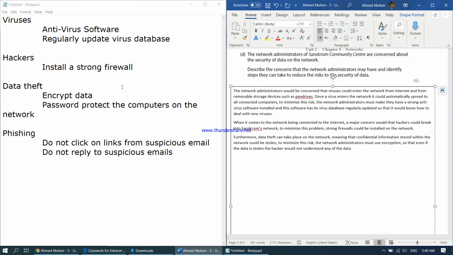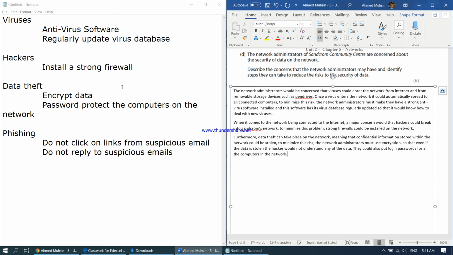Also, you can go on to say they could also put login passwords for all the computers in the network.